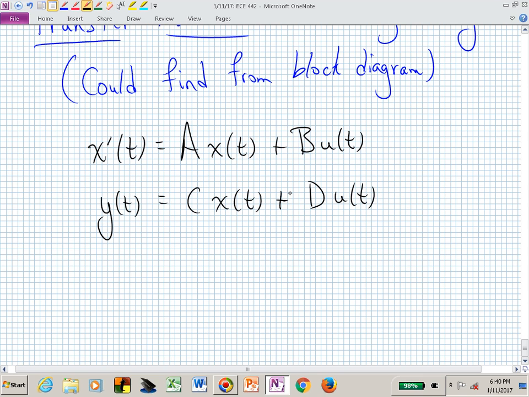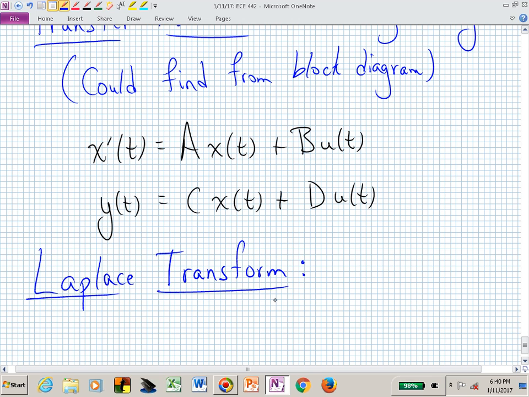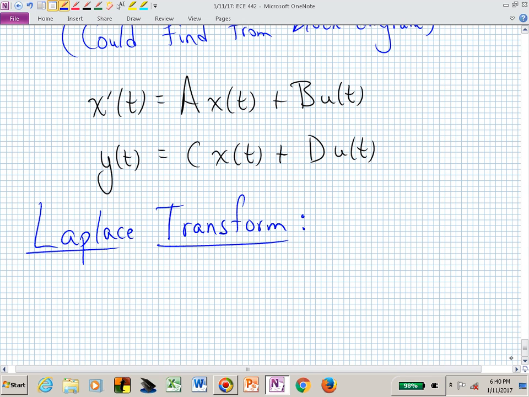To take a time domain equation into the frequency domain, we need the Laplace transform. And we can do that even with matrices. What happens when we Laplace transform a derivative? Do you remember?